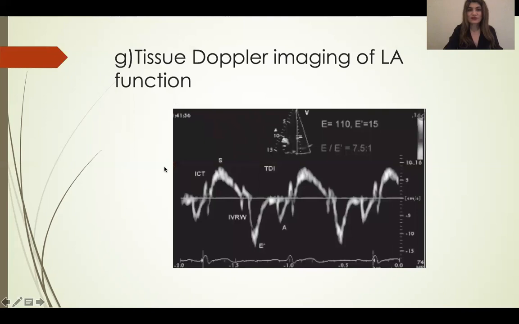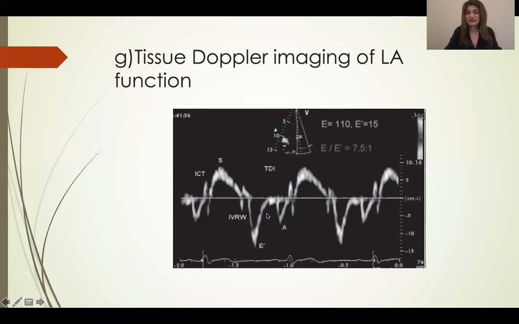Tissue Doppler imaging of the left atrium is another conventional method that we usually use. The A prime velocity and E prime velocity are important to evaluate booster pump function and conduit phase of the left atrium, and S prime velocity is correlated with the reservoir function of the left atrium.